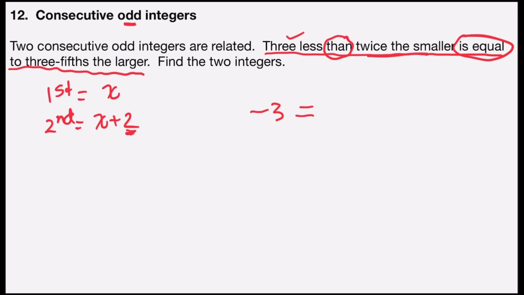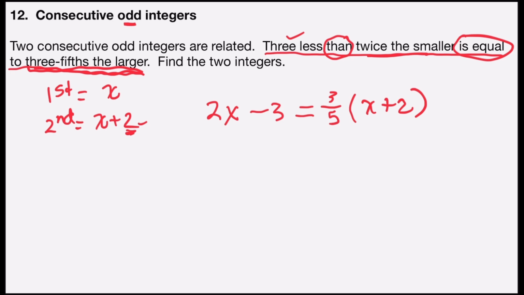Twice the smaller will be 2x. So the left side expression will be 2x minus 3. The right side expression is just 3/5 the larger, which means 3/5 times the larger of the two, which is x plus 2. And so my equation says 2x minus 3 equals 3/5 times x plus 2.